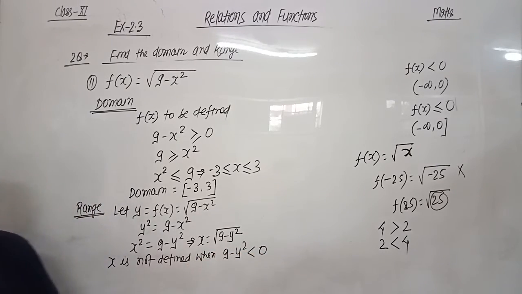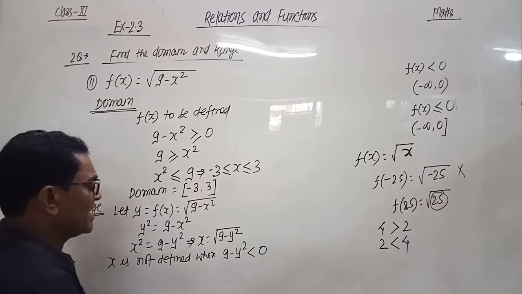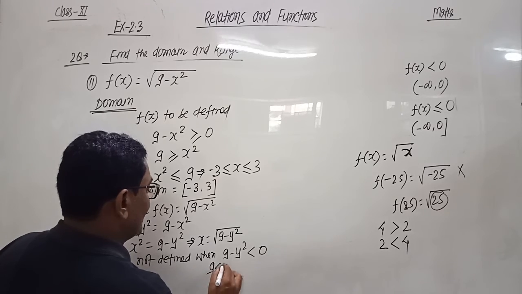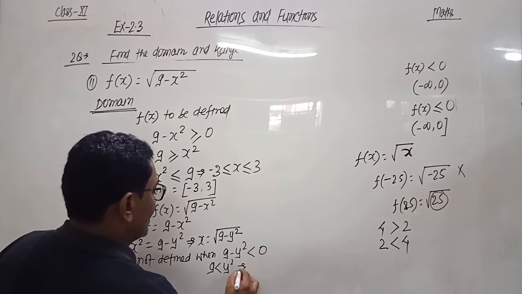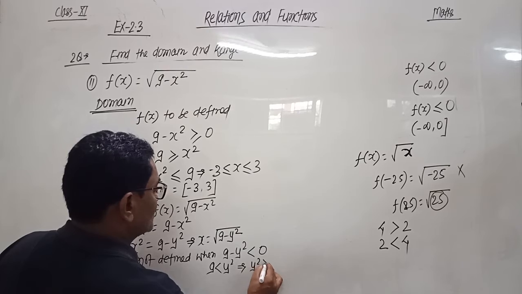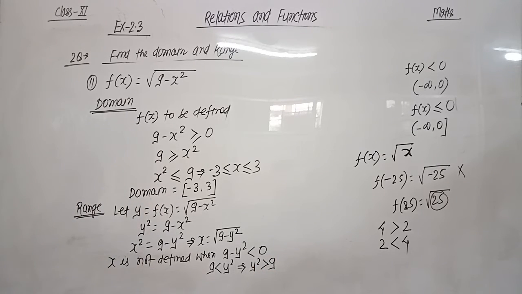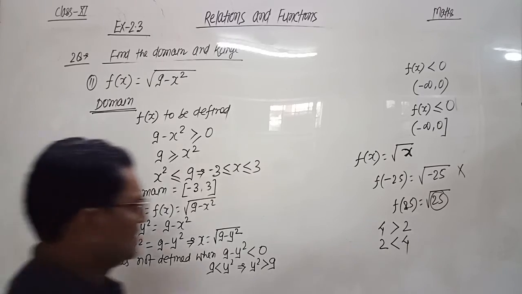If a minus term comes inside the square root, it will not be defined. So x is not defined for 9 minus y square less than 0, and it means 9 is less than y square, and this implies y square is greater than 9.